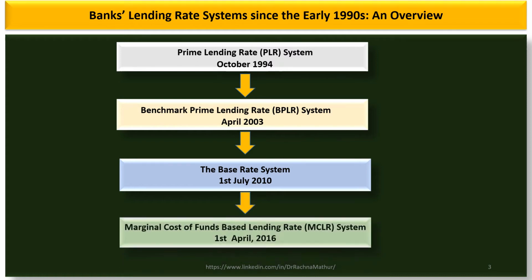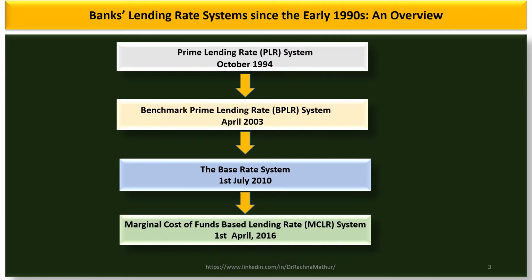And the latest lending rate system, introduced by RBI in 2016, is the marginal cost of funds based lending rate system, MCLR, which has replaced the base rate system of 2010. Now, let us understand and assess how monetary transmission has worked under these four regimes.